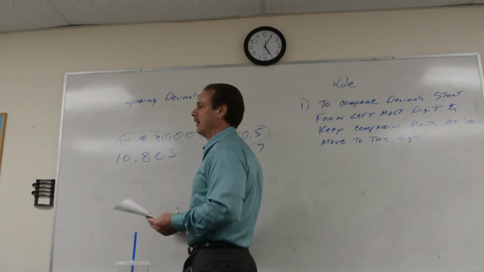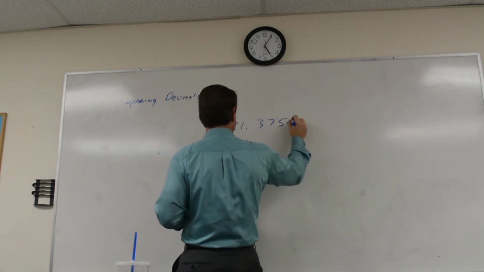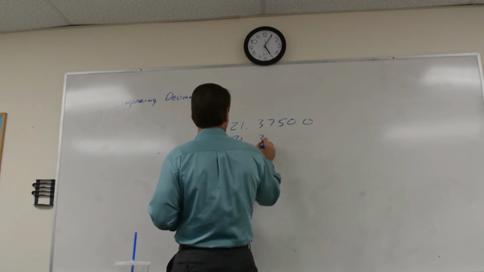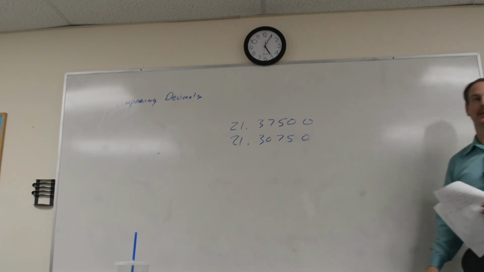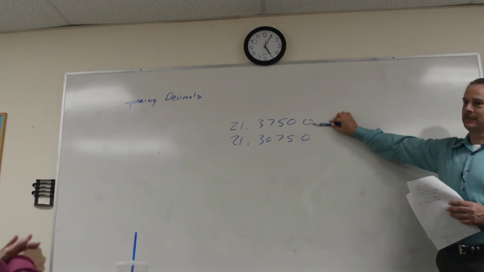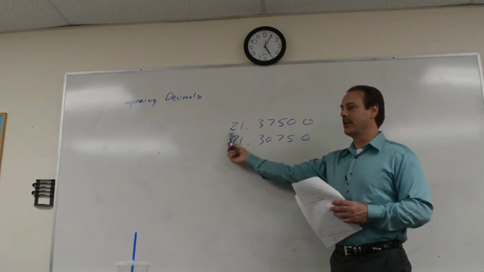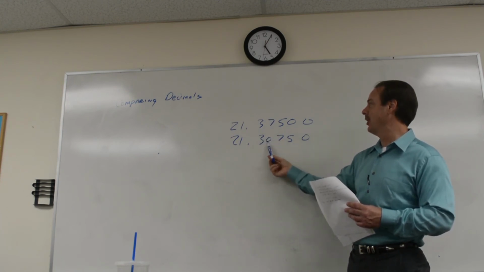You just flip what you did before. Top one's bigger. How many people say the top one? All right, let's check. 2s are the same. 1s are the same. 3s are the same. 7, 0.